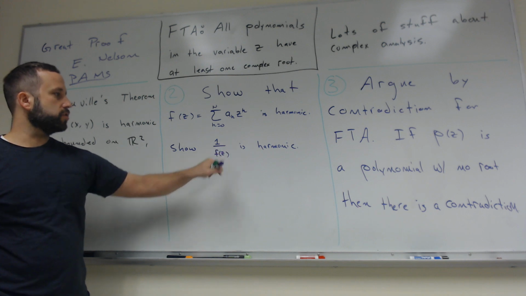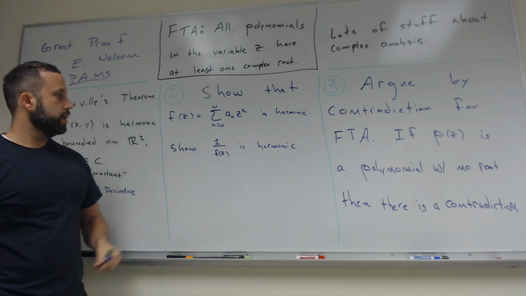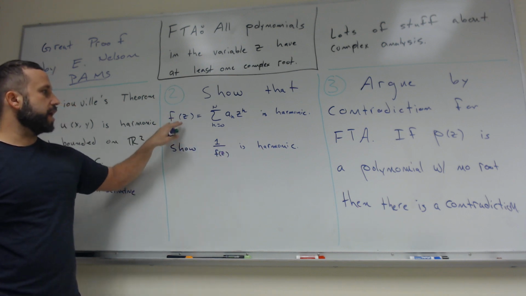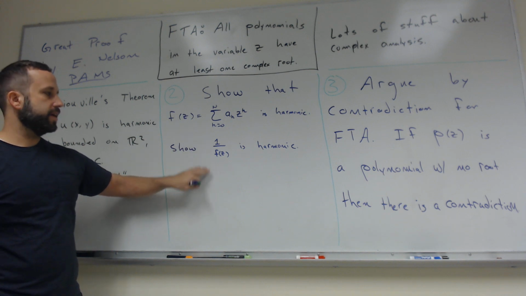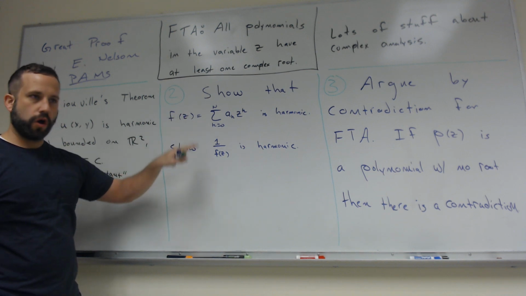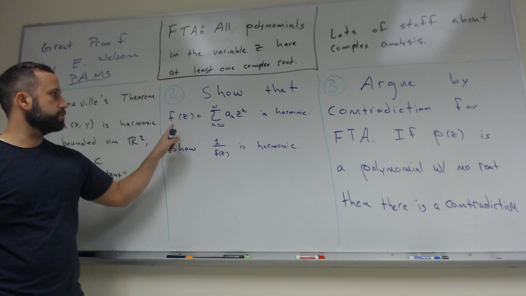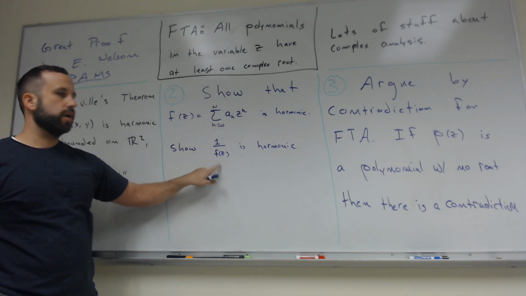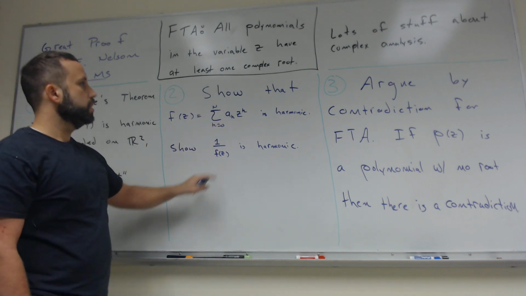So show this is harmonic, I guess, wherever it's defined. If f of z is analytic, 1 over f of z is analytic. It's not necessarily true with harmonic, though. So you're going to have to use a special structure of the polynomial to prove this fact.